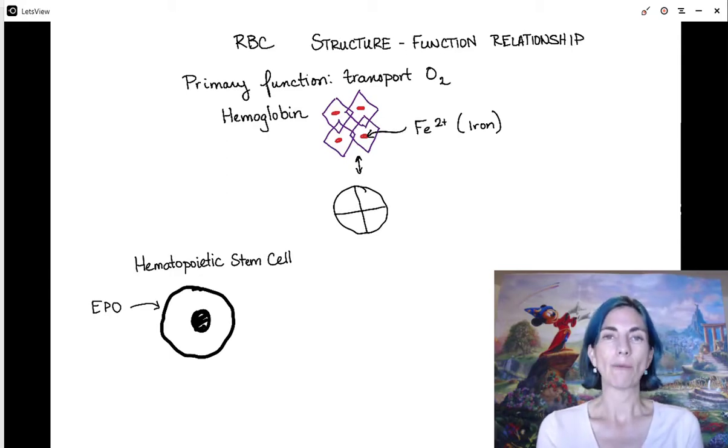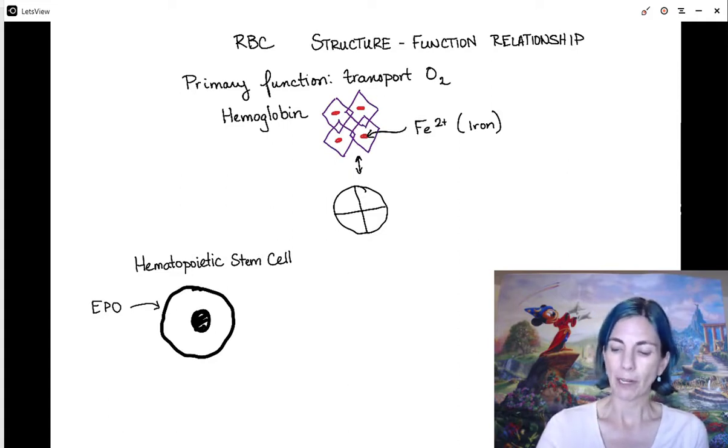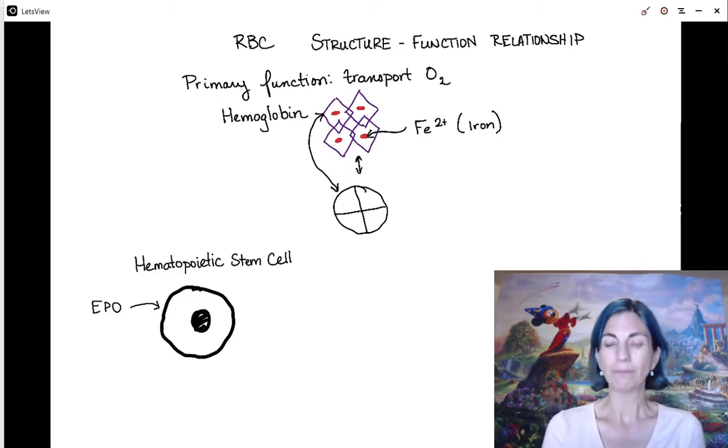So here I'm drawing a hemoglobin molecule, and there are 4 quadrants. Each quadrant represents one of those subunits. So these are equivalent to each other. And that means each quadrant can hold an oxygen molecule.